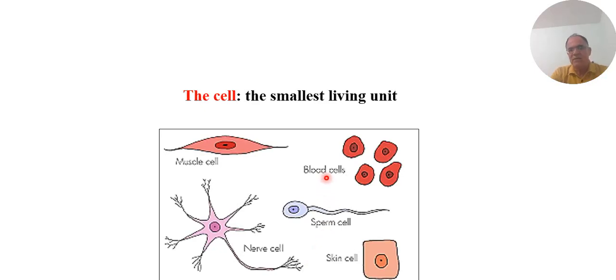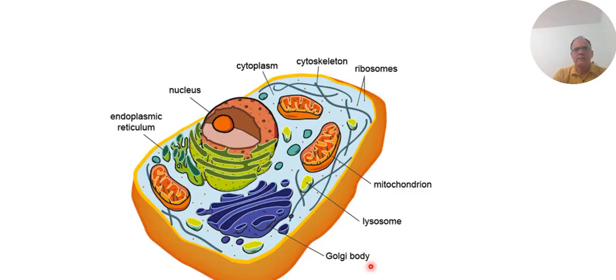Blood cells are found in our blood. Some of these cells carry oxygen and carbon dioxide in our body. A sperm cell is found in the reproductive system, and a skin cell is found in our skin. These cells protect our body.